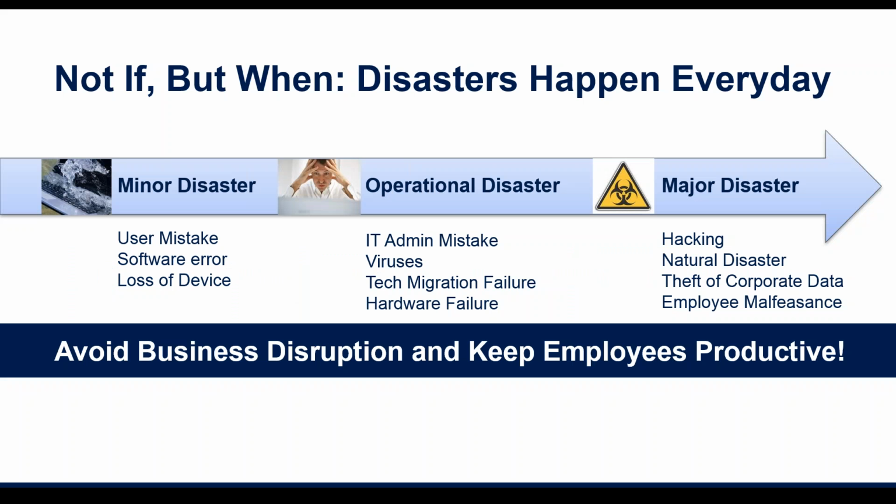They're operator error, they're a single server disaster, and you have to be able to consider all these. But when you look at how do I prepare my business so that whether it's a minor disaster, an operational disaster, or a major disaster, we're not impacted and we can continue to stay in business and operate and service the needs of our end users and our clients.